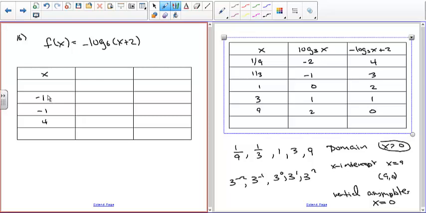I'm going to put in negative 1 and 5, 6. Okay, humor me for a second. The argument is going to be x plus 2. So if I add 2 to this, I'll get 1. If I add 2 to this, I'll get 6. And if I add 2 to this, I should get 1/6.